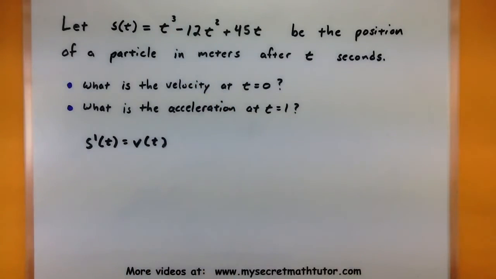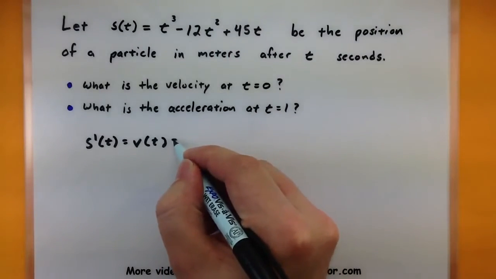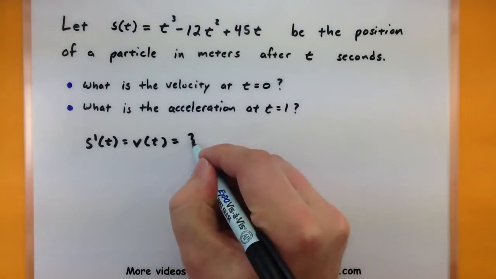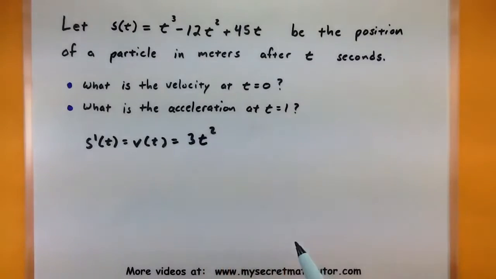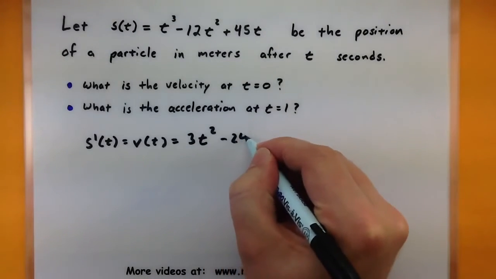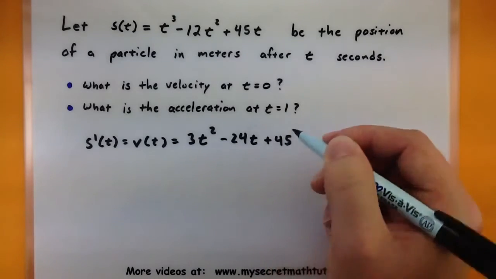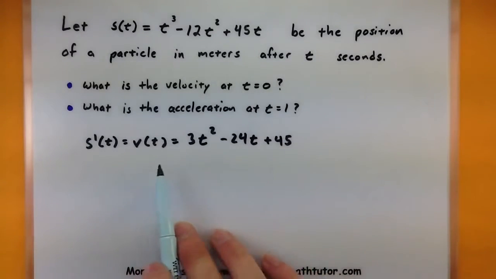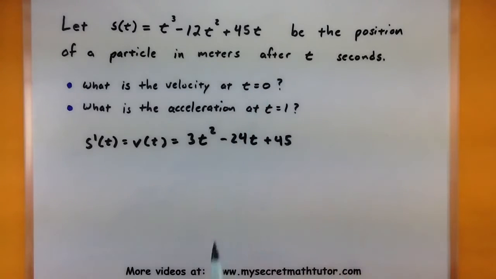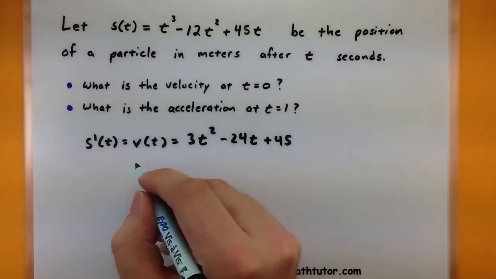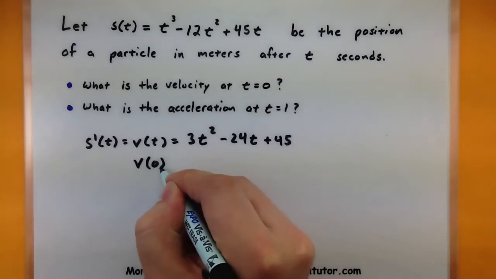It looks like we can use the power rule on it. We would simply take the powers, drop them down in front, and reduce the power by 1. All right, so this represents my velocity. Now, we can figure out what the velocity is after 0 seconds by plugging in a 0.